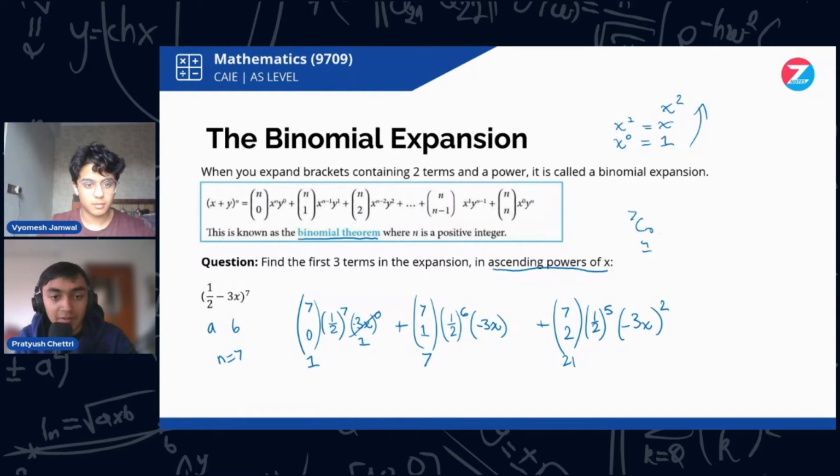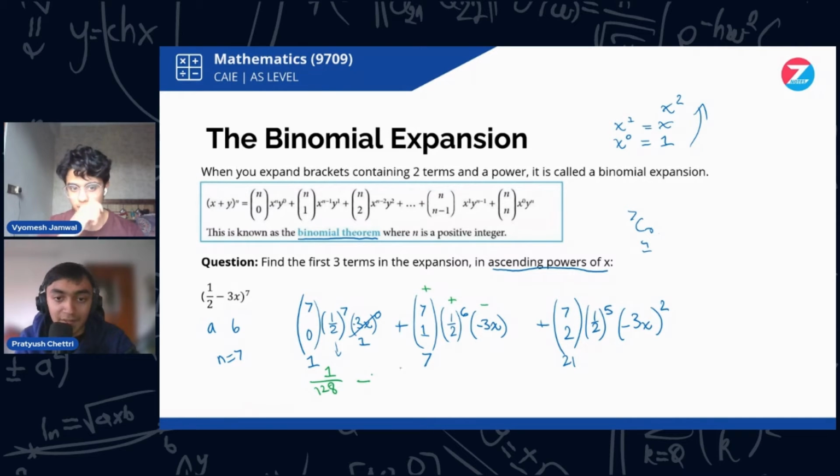Right, so this simplifies down to 1 over 128. I'll write this up here, in a different color, green. 1 over 128. And the sign here, remember, this is positive, but this is negative because that's minus 3.